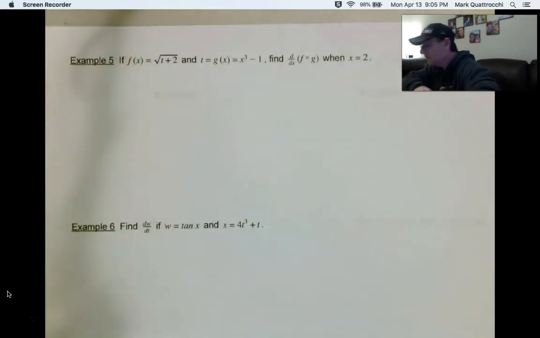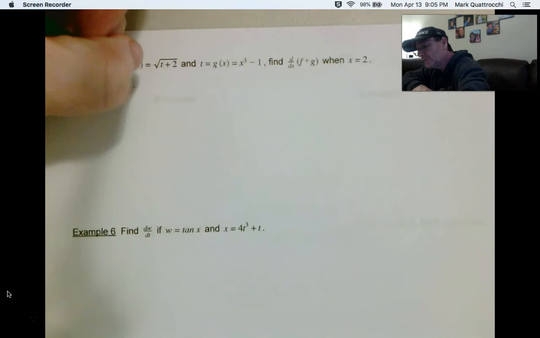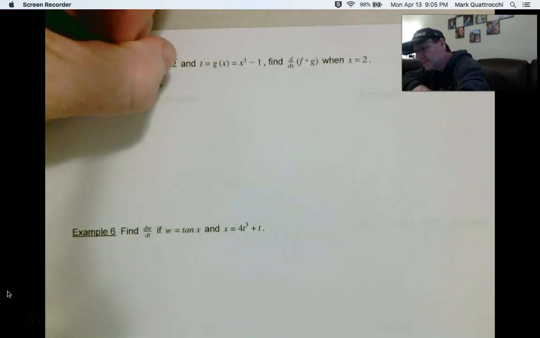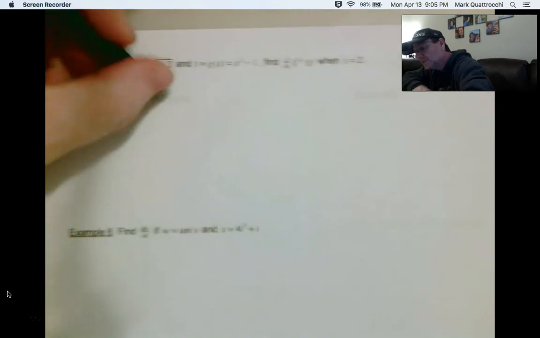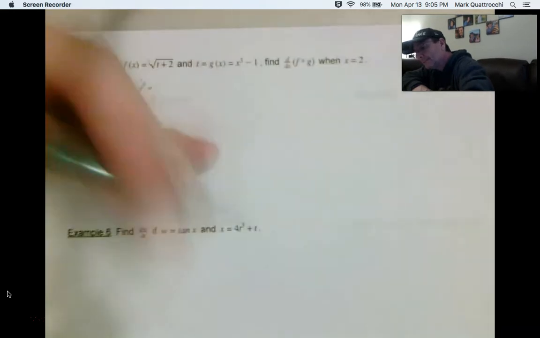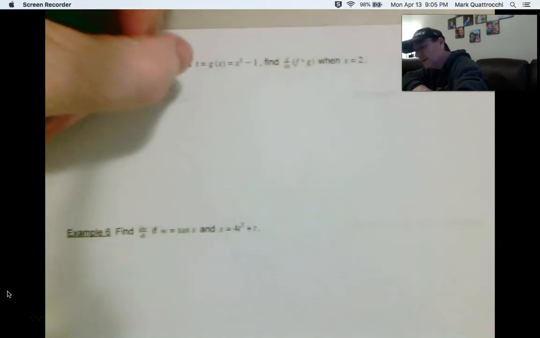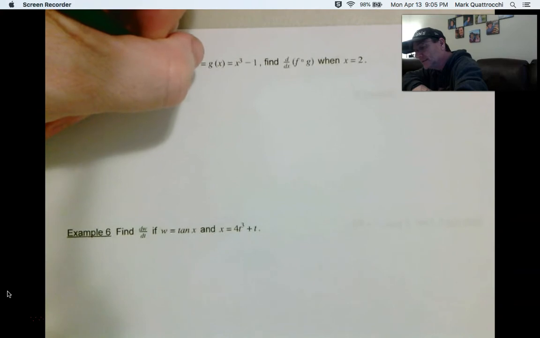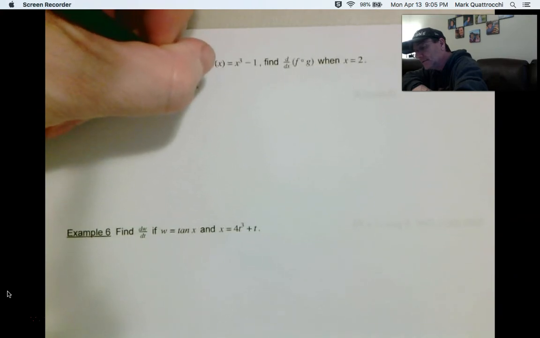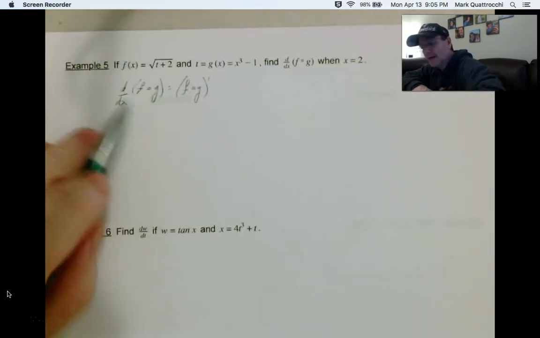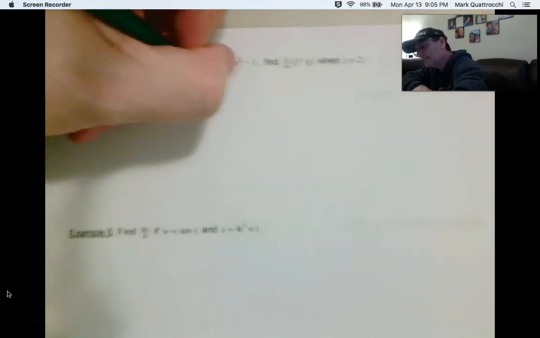So we want to find d/dx of the f function composed with the g function. Another way of writing that is (f∘g) prime. So Leibniz's notation, Newton's notation.